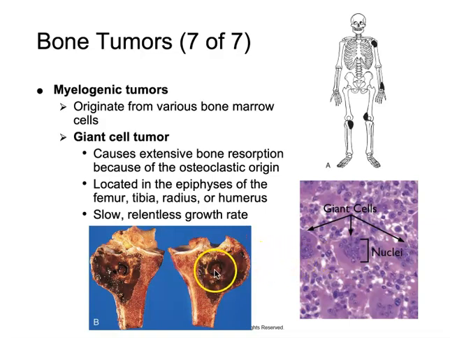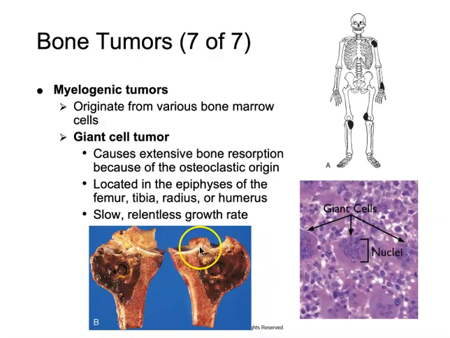So you can see some of that bone resorption taking place over here, and it commonly affects the epiphysis of our long bones in areas like the femur, tibia, radius, and the humerus. And it could lead to pathologic fractures and involvement of the articular cartilage.